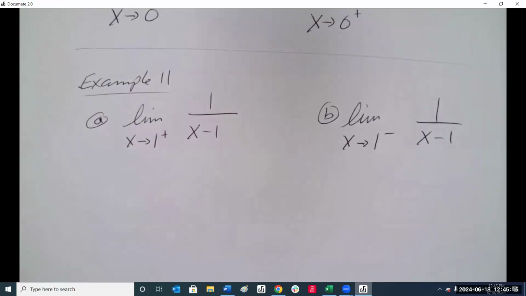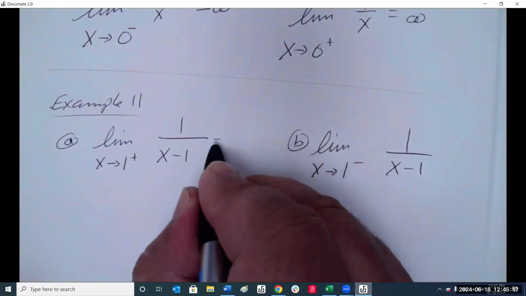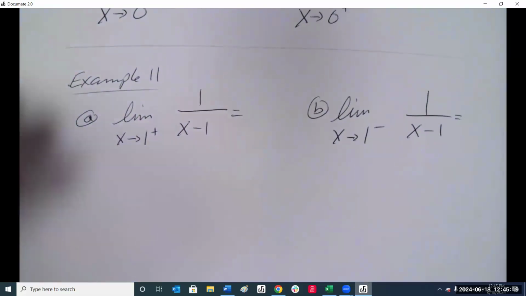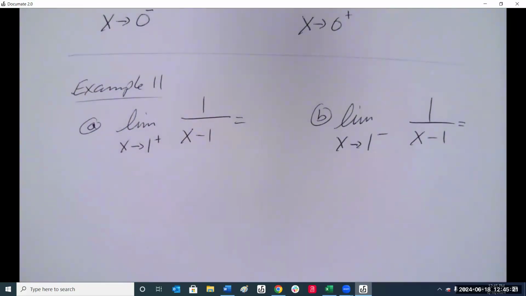So what's the first one going to be? As x approaches 1 from the right. Which one?